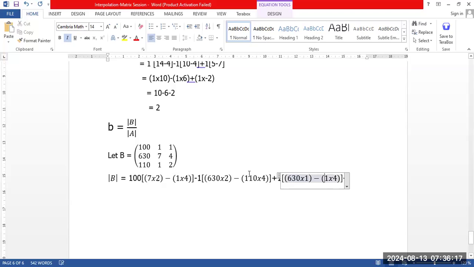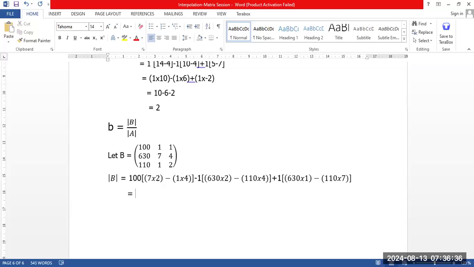Then minus 110 times 7. Perfect. Then finally, what will be your determinant of B?